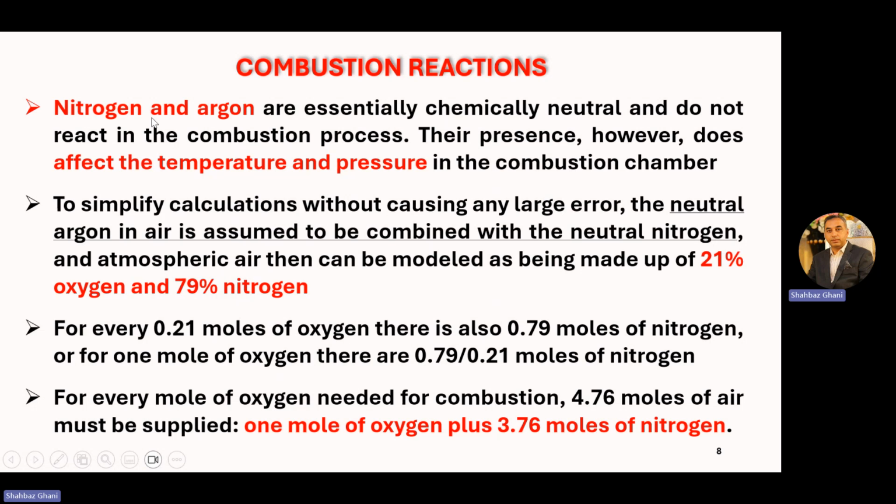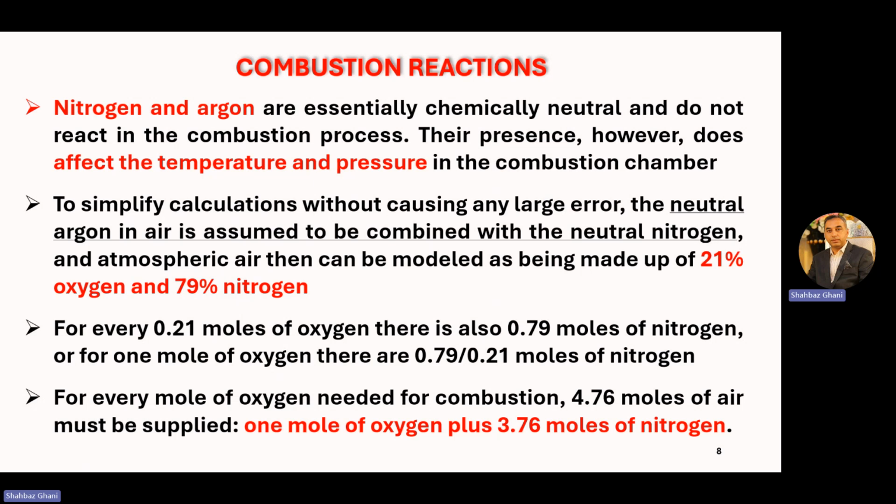But nitrogen and argon are essentially chemically neutral and do not react in the combustion process, as we have seen in our previous equations. Their presence, however, does affect the temperature and pressure. As they are the major contributors of the air, their presence affects the temperature and pressure in the combustion chamber.